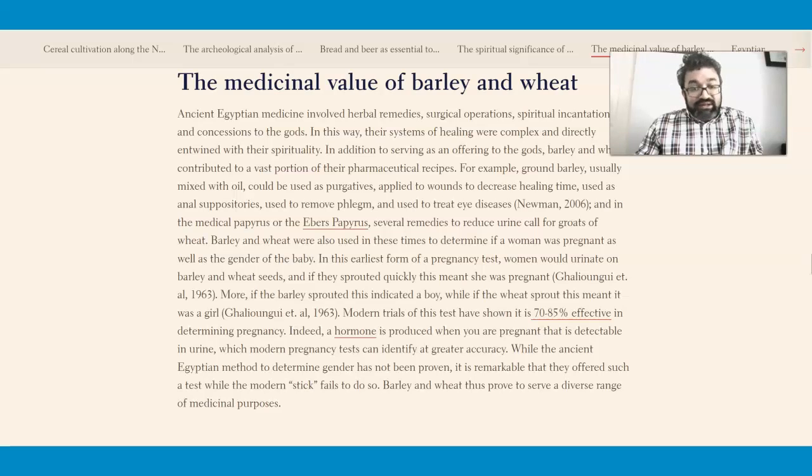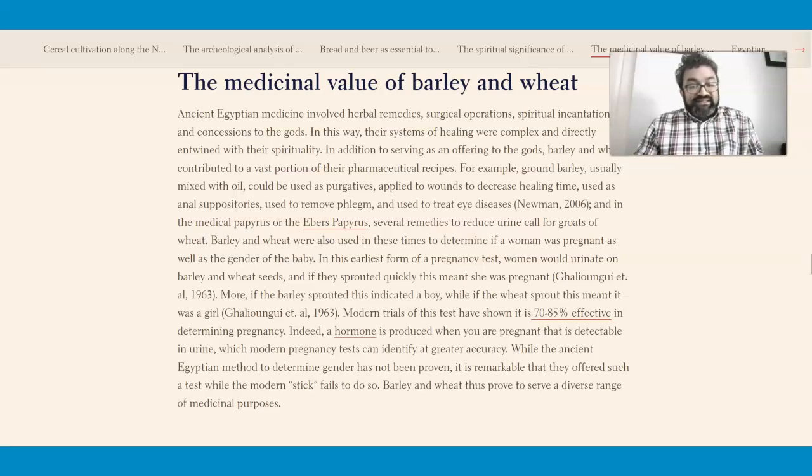If they sprouted quickly, it meant that she was pregnant. Some of this has been tested in modern trials, and it has in fact been shown to be 70 to 85% effective in predicting pregnancy accuracy.